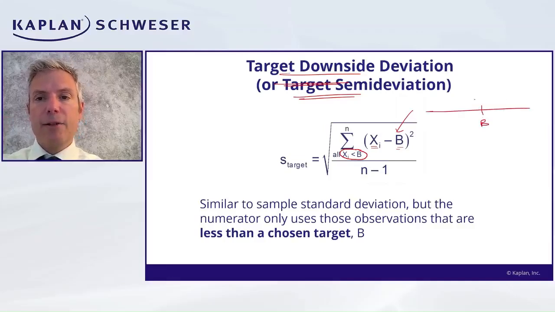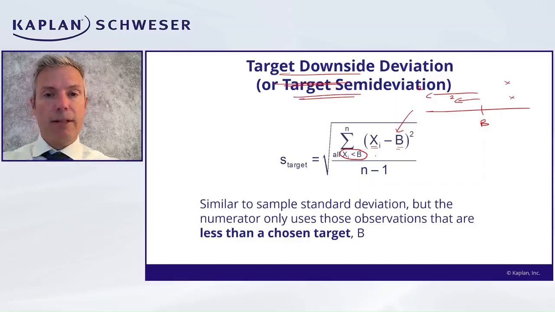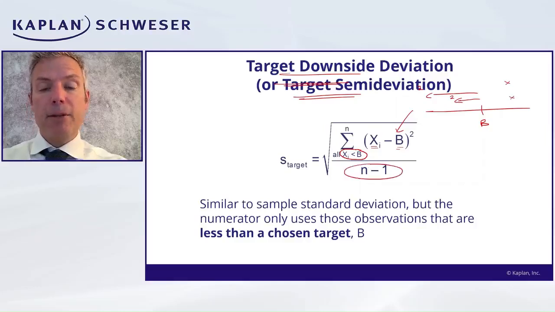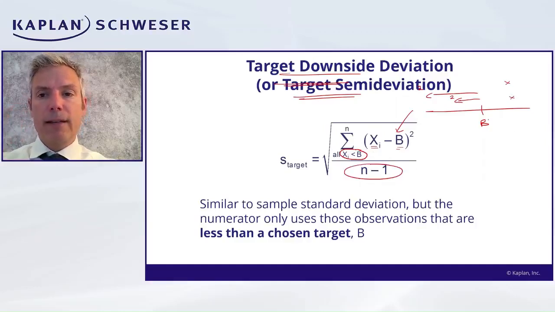We're only going to consider squared deviations when we're to the left of that. We're not going to consider squared deviations when we're actually beating that threshold. Notice we're still dividing by n-1, where n is the full sample size. We're only considering squared deviations below the target, the barrier.